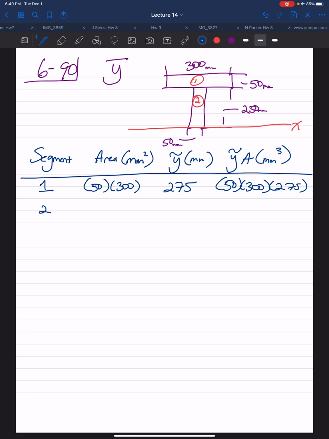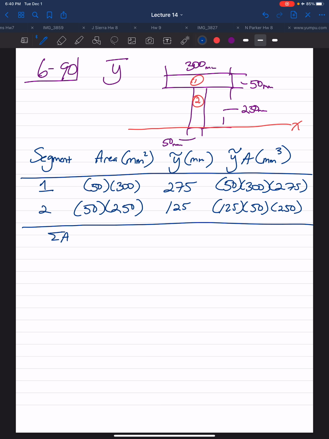For segment 2, the area is base times height. This is 50, height being 250. Location of the centroid is right in the center, so that'd be half of 250. So this would be 125. And our y wavy A is 125 times 50 times 250. Sum of areas. This gives you 50 times 300.